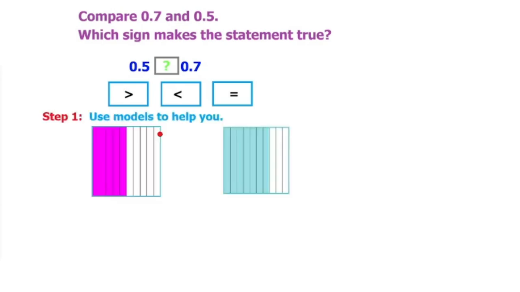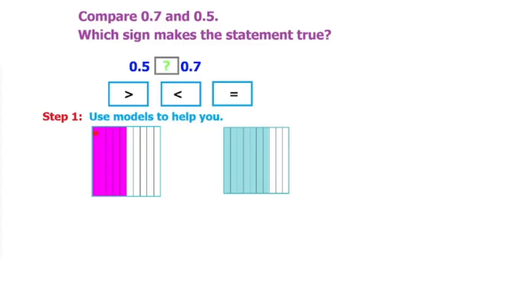So here we have a model, and we could see that there's 1, 2, 3, 4, 5, 6, 7, 8, 9, 10. 10 bars here. And how many are filled in? There's 1, 2, 3, 4, 5.